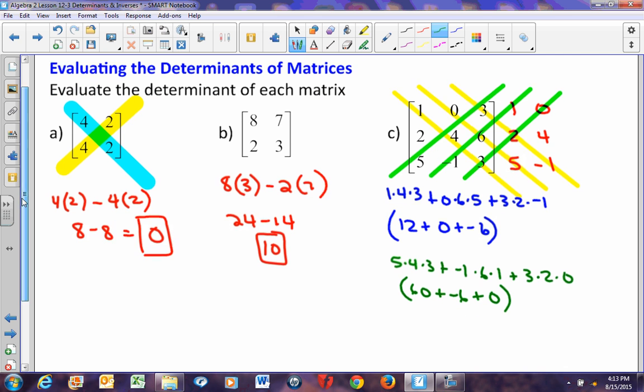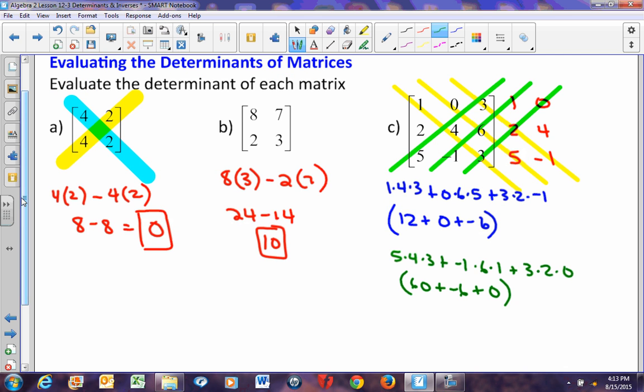So essentially what I have is 12 plus negative 6, which is 6. 6 minus 60 minus 6 is 54, so 6 minus 54 is negative 48, and that's the determinant of my 3 by 3 matrix.